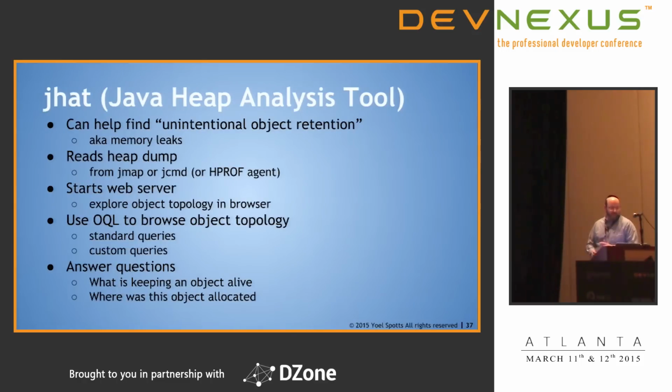And then I think this is the last one here, which is Jhat, the Java Heap Analysis tool. I like this. If you take a look at the documentation, it says it could help you find unintentional object retention. Now, in the rest of the world, we call that memory leaks. But in the Oracle world, it's called unintentional object retention. And it reads the heap dump. Again, if you were here for the previous session, it showed you some of the UI utilities in Visual VM for analyzing a heap dump.